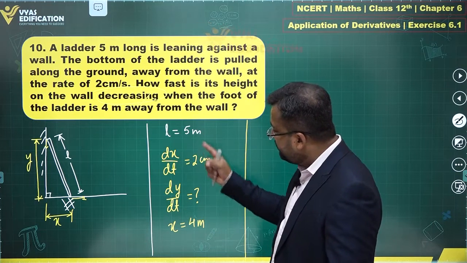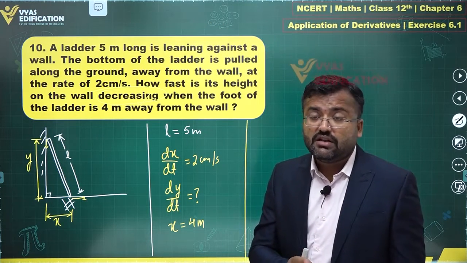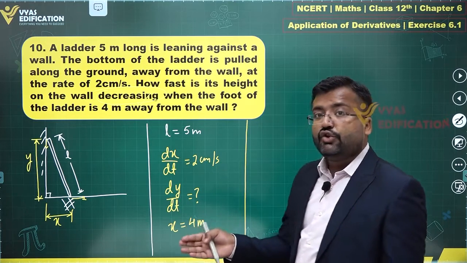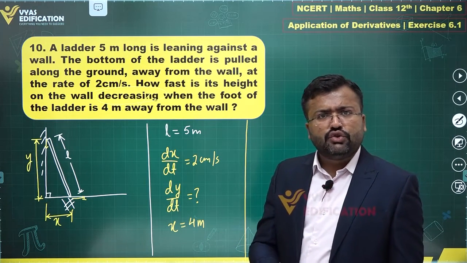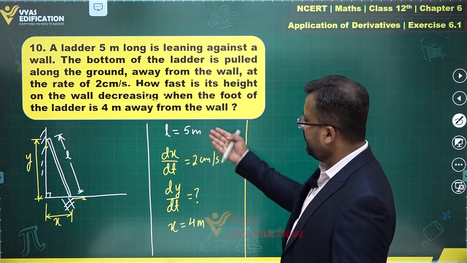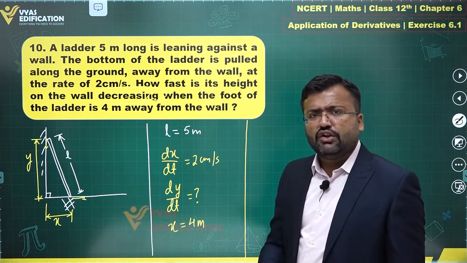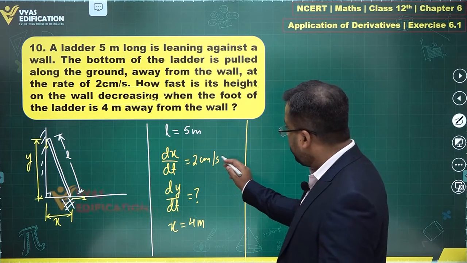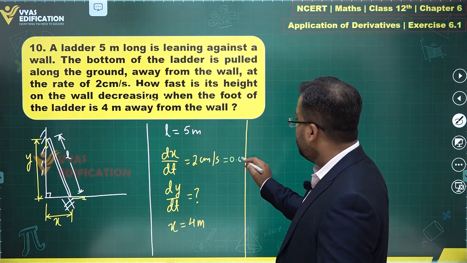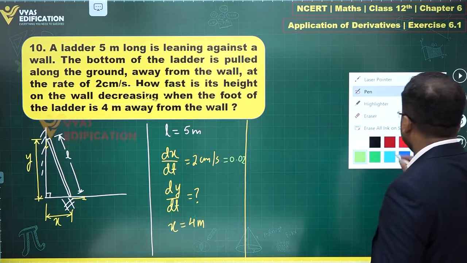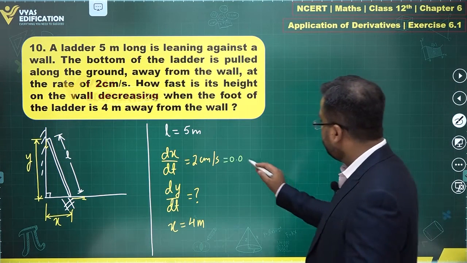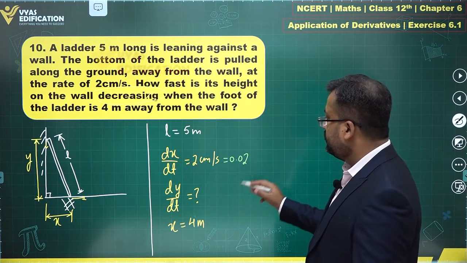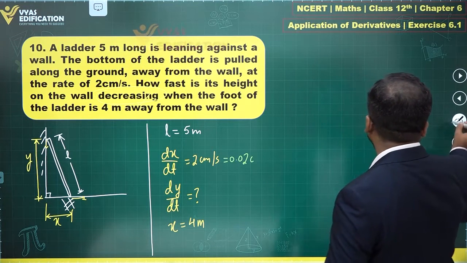Either we convert these meters into centimeters or we convert this centimeter into meter. Now 2 centimeter would be actually 0.02 meter, which is also okay. And these lengths 5 and 4 meter are also okay, we can use them as well. But I would like to convert this one. This is 0.02 meter per second is what I'll get.